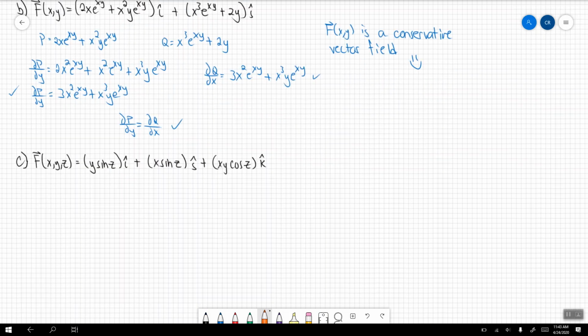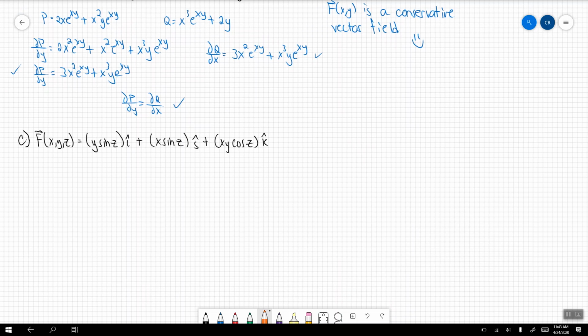Now, because this is a vector field function in R 3, I'm just going to go ahead and write my i, j, and k here, and then I'm going to have my partials on the second row.